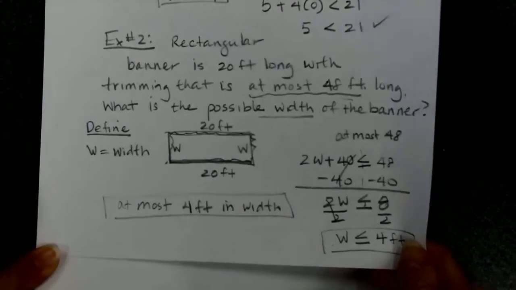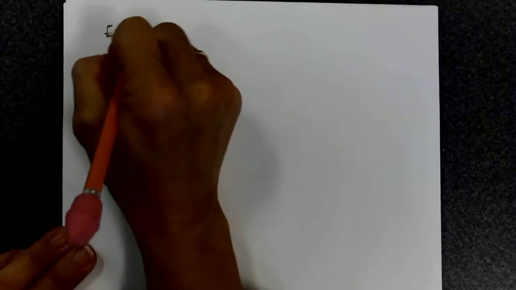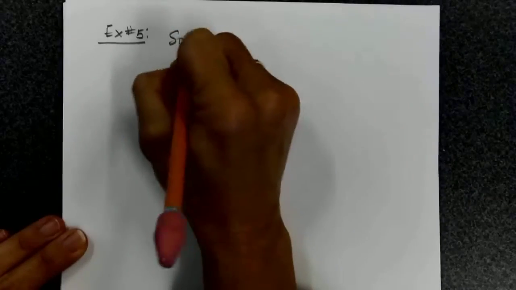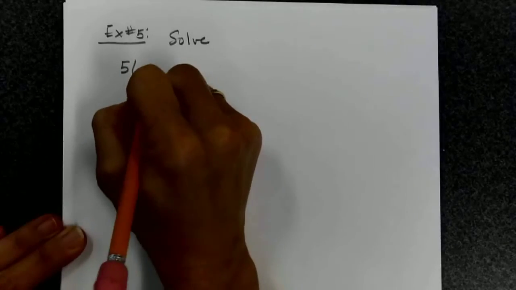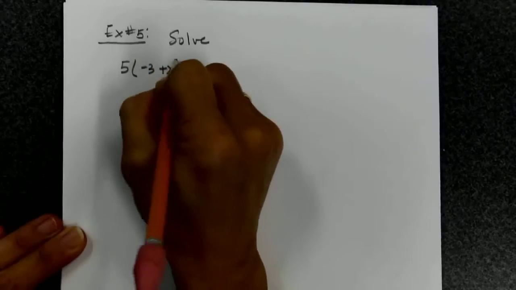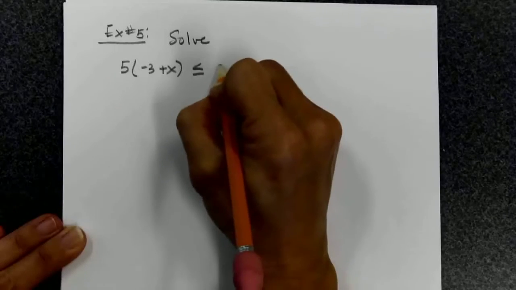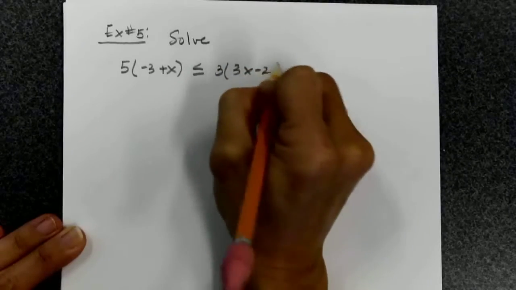Last example. And I'm going to call this example number 5 because I try to match the examples to the similar examples in your textbook. Now this one we're going to solve. And let's see if you can do it. 5 times negative 3 plus x is less than or equal to 3 times 3x minus 2.